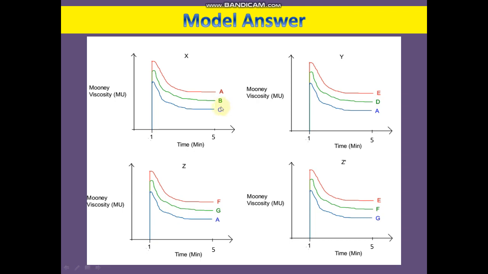Therefore compound C should show the lowest Mooney viscosity value. And this also affects the initial torque. So the same pattern can be seen here.